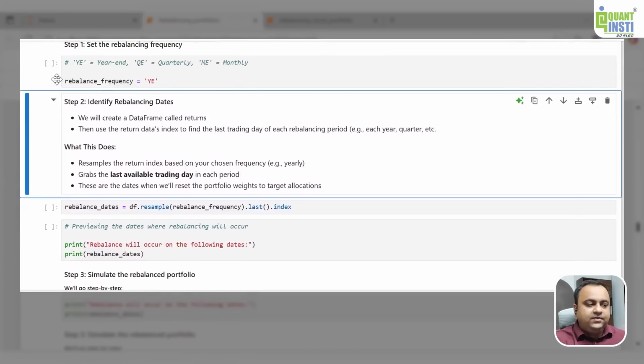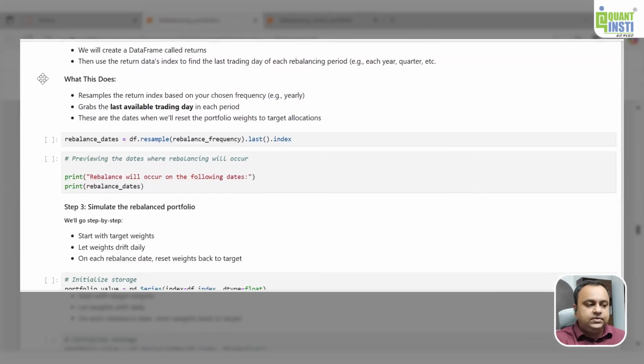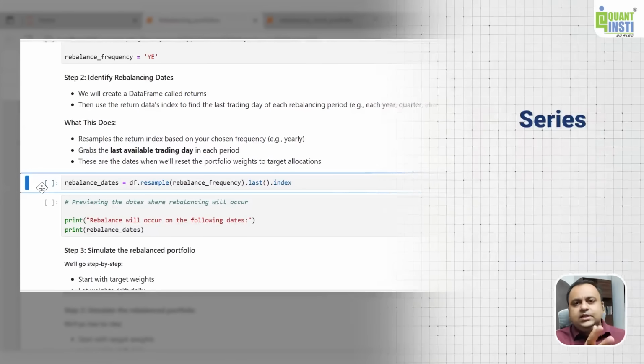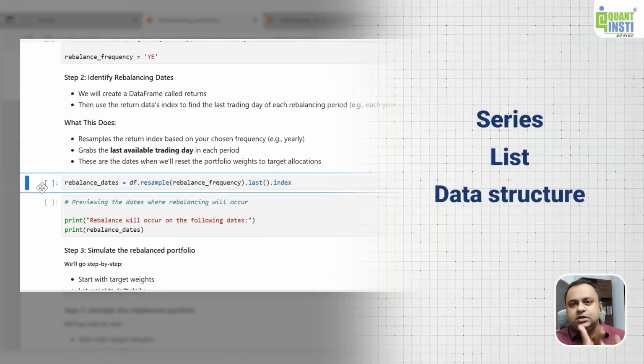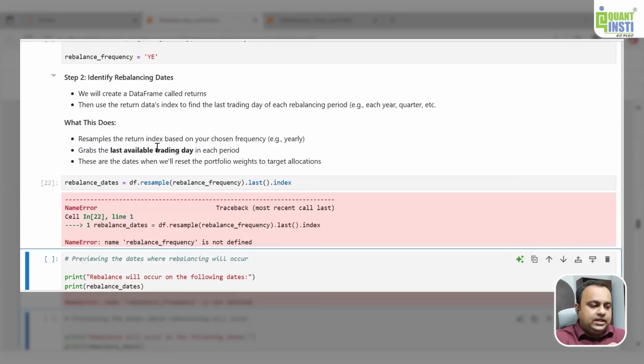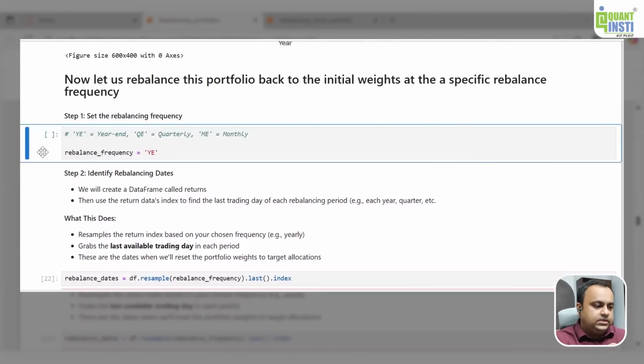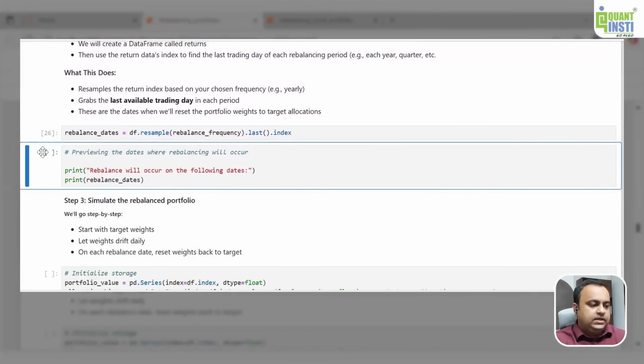Once I have defined the rebalancing frequency, I need some sort of a series, a list, some data structure that is going to store all these various dates. So rebalance dates have been stored over here. Let me just run this. Now, printing rebalance dates out looks like this.